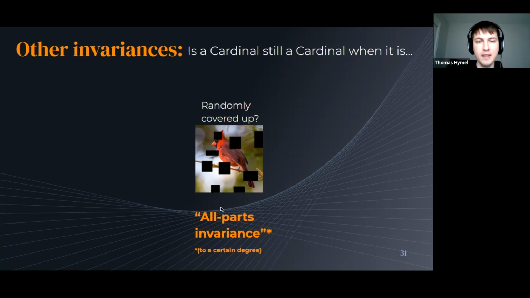And I named this all parts invariance because although the cardinal has a bunch of defining features in it, it doesn't need all the parts of those defining features in order for us to tell that it's a cardinal, right? If you cover up the entire tail of a cardinal, you'll still likely know that it's a cardinal, or the entire beak, or whatever. So you don't actually need all the parts to identify the bird.